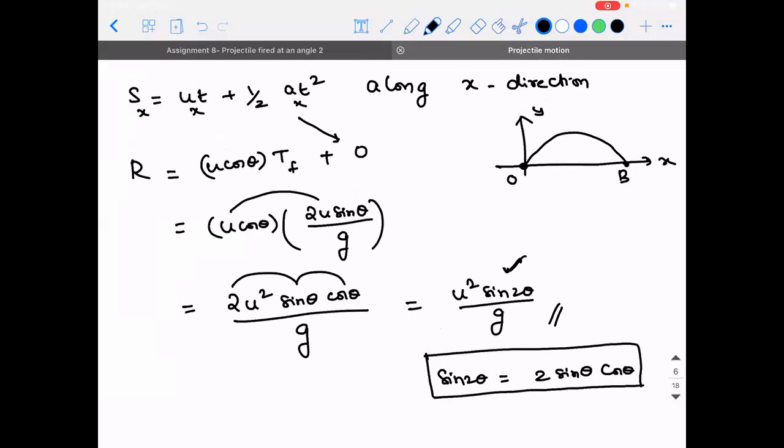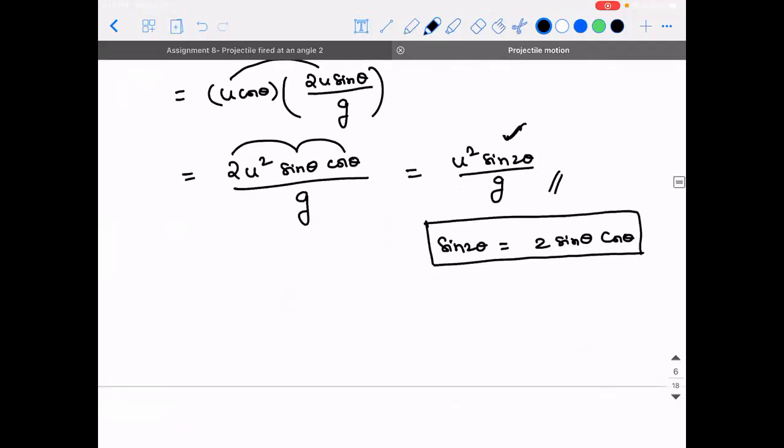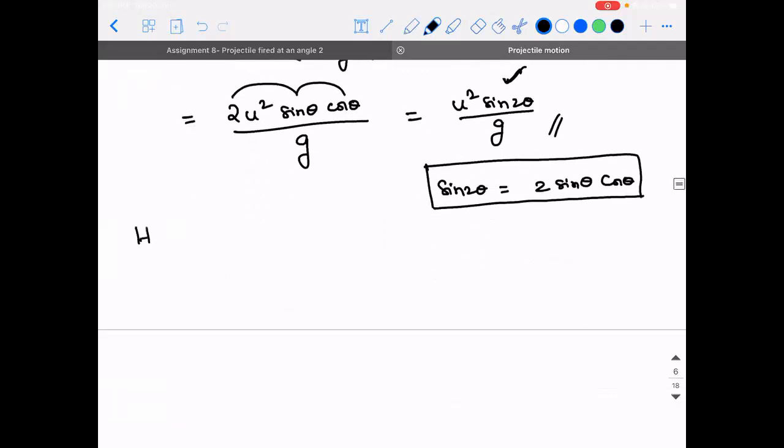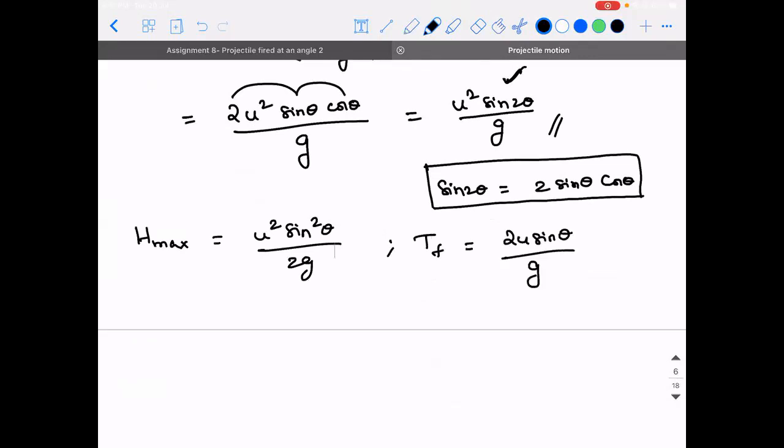Okay. So these three are the important formulae. So what are they? Let's prepare a table for this. Maximum height is u square sin square theta divided by 2g. Time of flight is 2u sin theta divided by g.